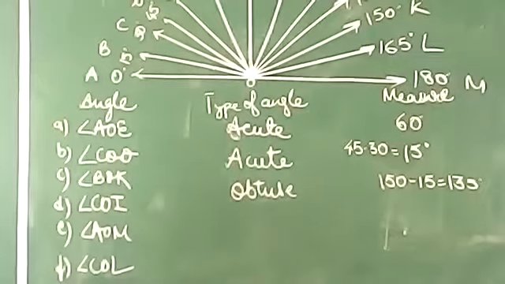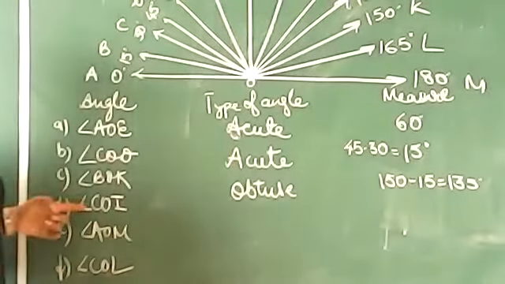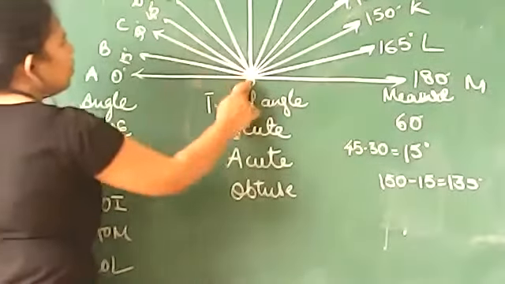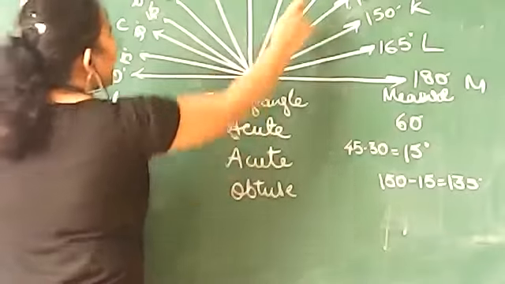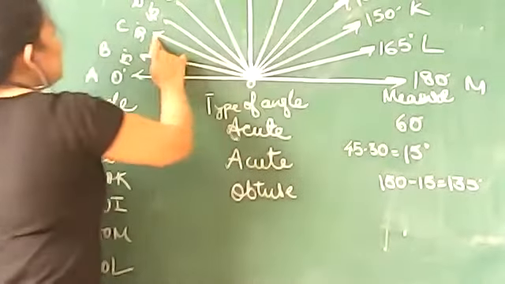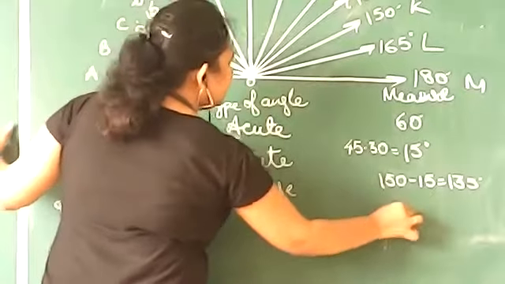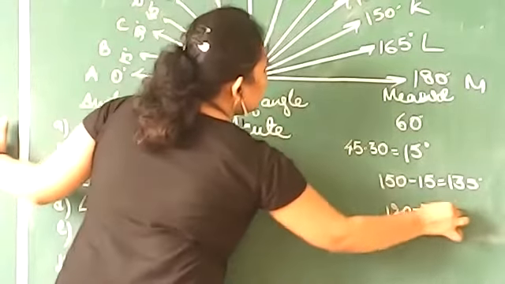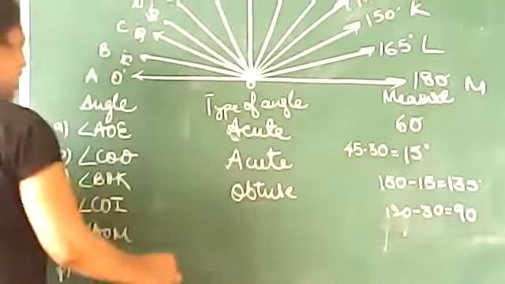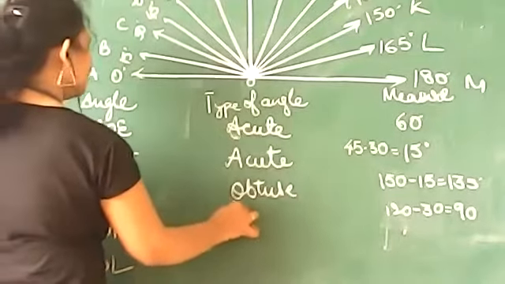Now let's move further. COI. This is C, O and I. Where is I? At I it is written 120, at C it is written 30. It's 120 minus 30, which you will get as 90, and 90 means a right angle.